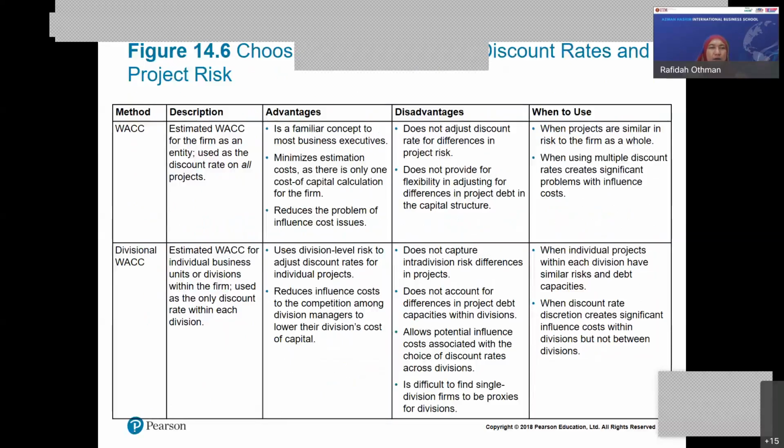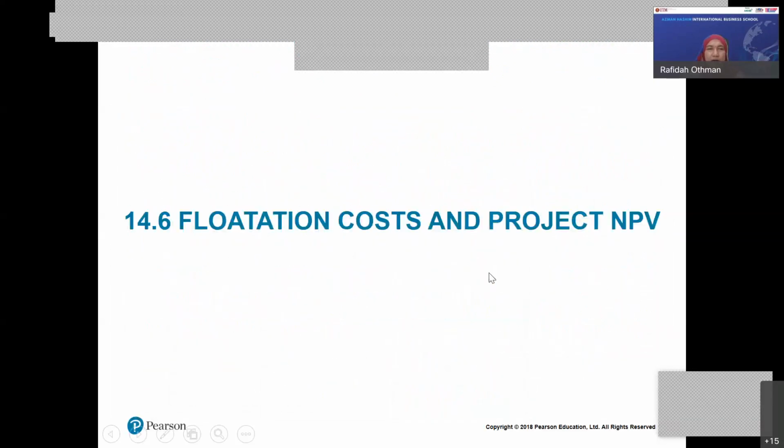I want you to read all this, because these are self-explanatory slides. Read this and you'll be able to answer the questions in your quiz 2. Quiz 2 will cover the bond, common stock, preferred stock, and WACC.